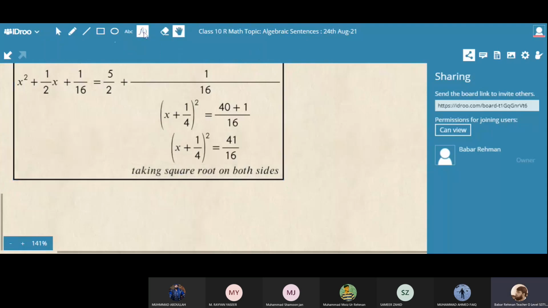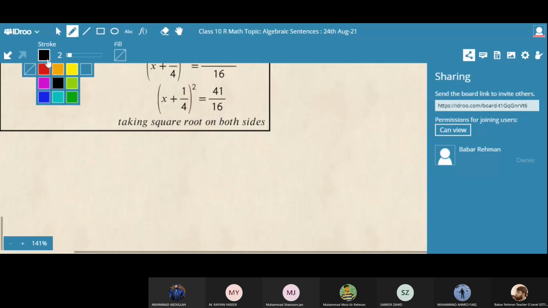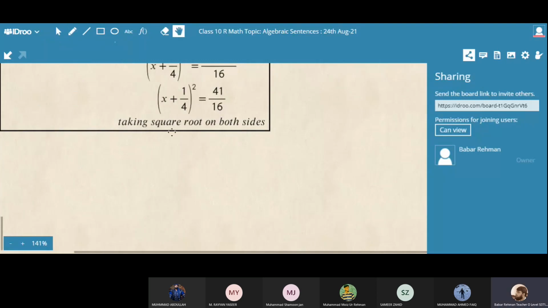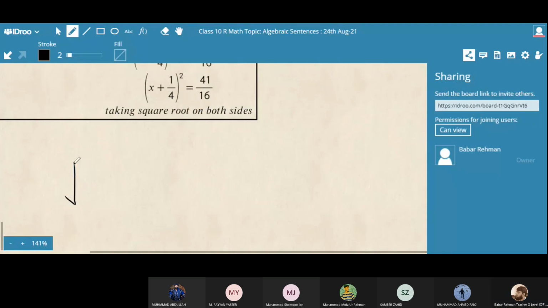So when you take square root on both sides, so what will happen? And the next one is, if you take square root on both sides, it would be like this. x plus 1 upon 4, 41 upon 16.